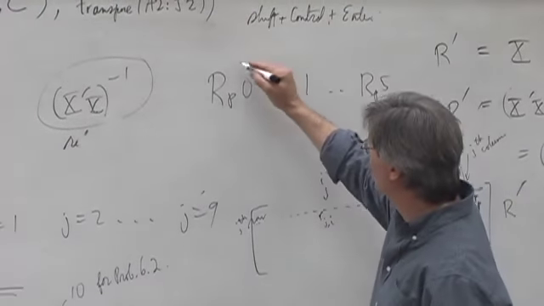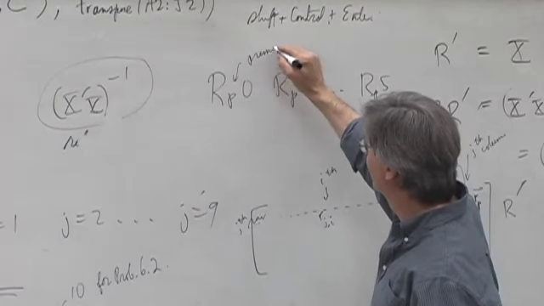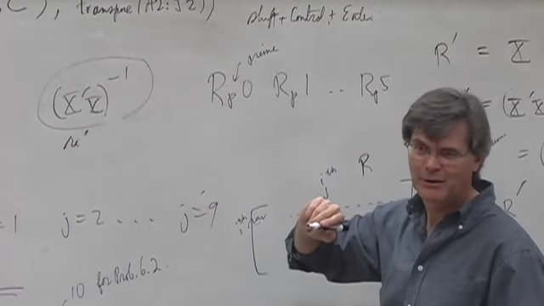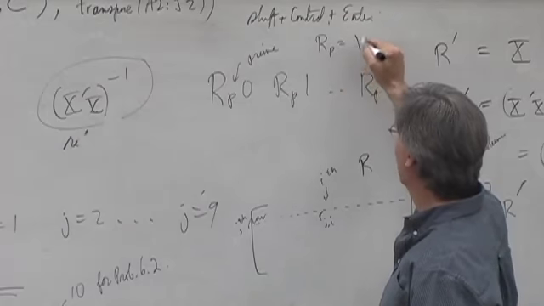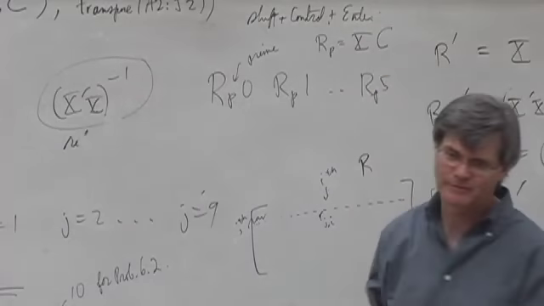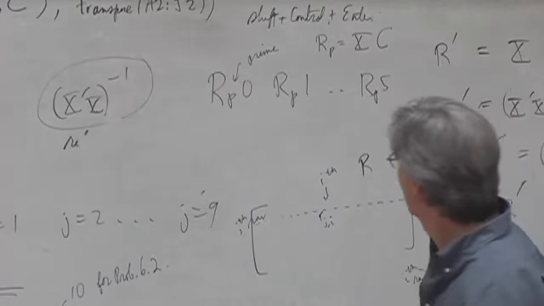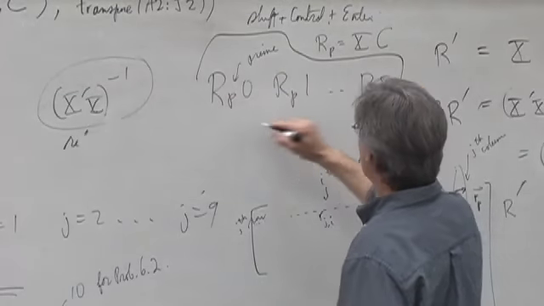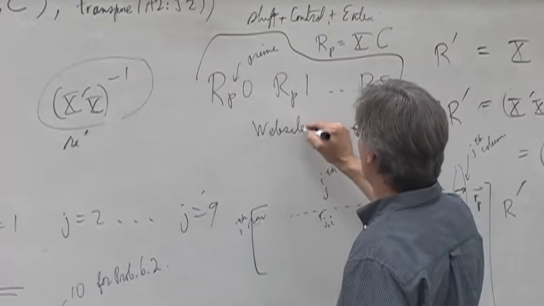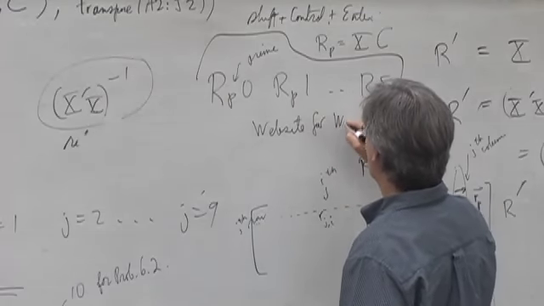So this P stands for prime, because RP, R sub P, was equal to again XC. So this is on the website for the wine data if you want to look at it, so you can see exactly what I did.